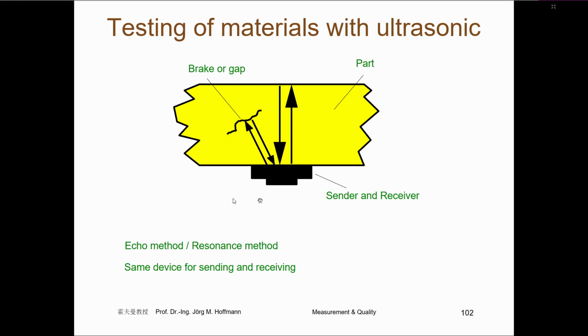There are different methods to send. You can use the echo method. That is what I have explained. You send a beep and you listen for when the response comes. But you can also work in resonance. That means you send and receive at the same time.